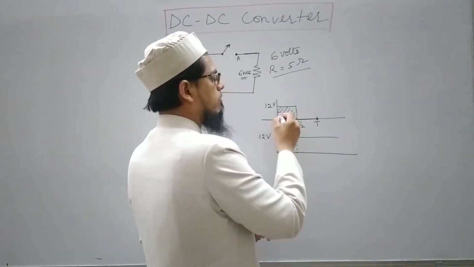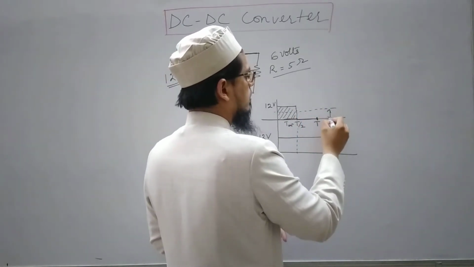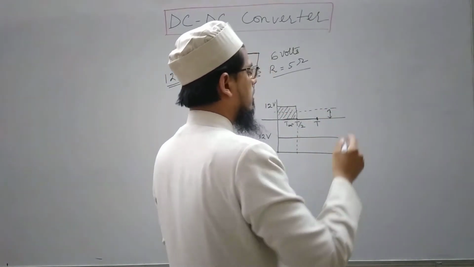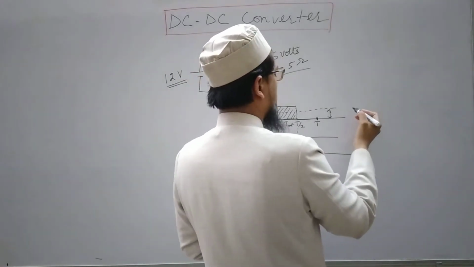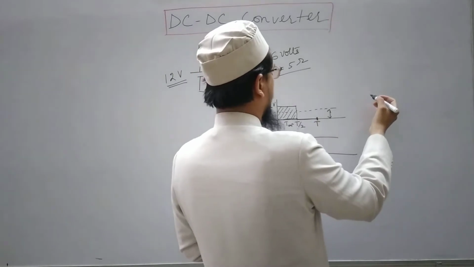And if I try to find out the average voltage that would be appearing across the load, I can easily find it out. It would be the area of this rectangle.